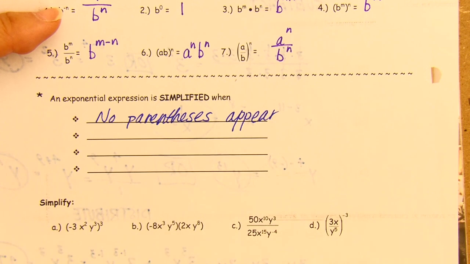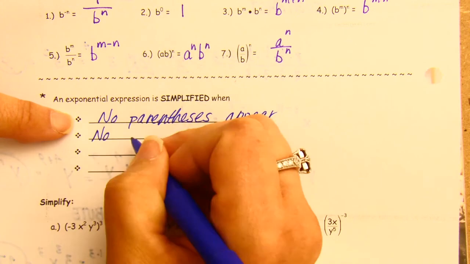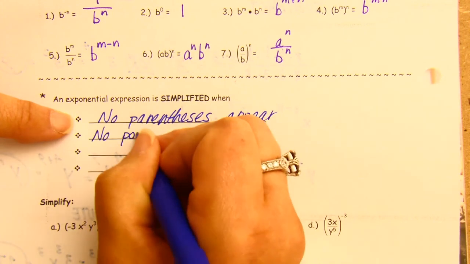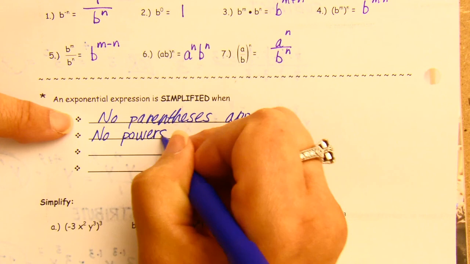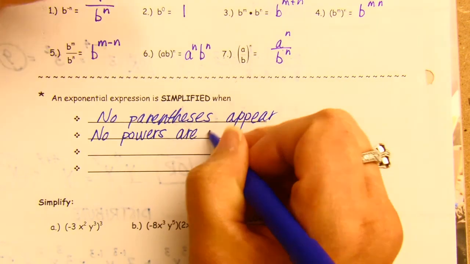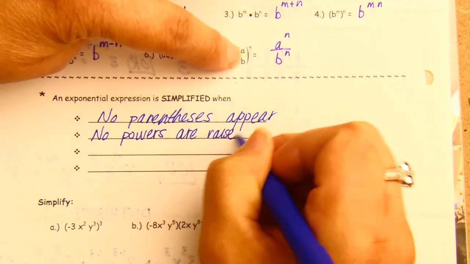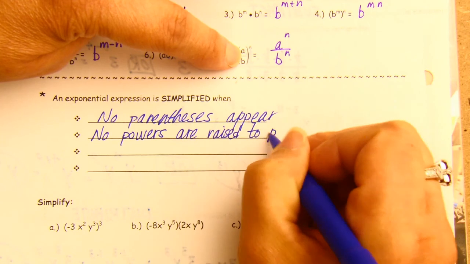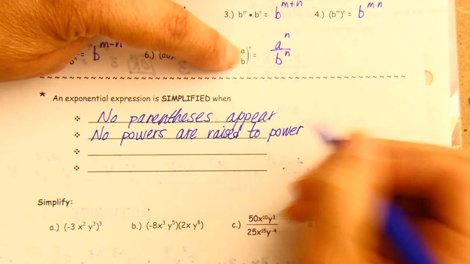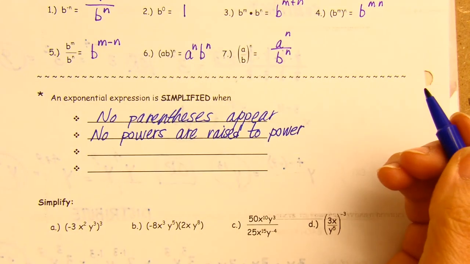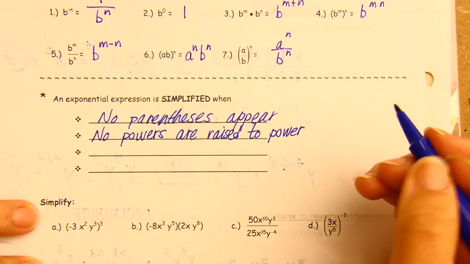I've got to get rid of them. No parentheses can appear. Also, no powers are raised to powers. If I have a power to a power, I need to simplify it. I need to get rid of that power to a power. It's too much to look at.